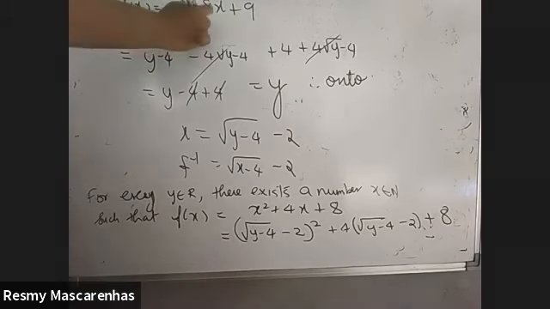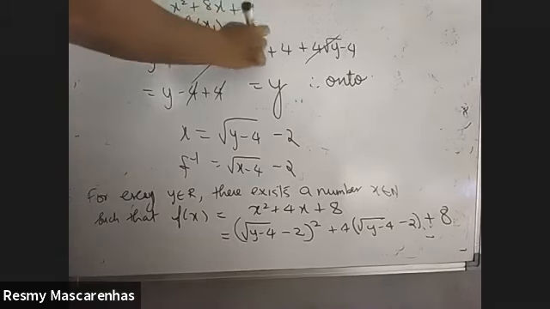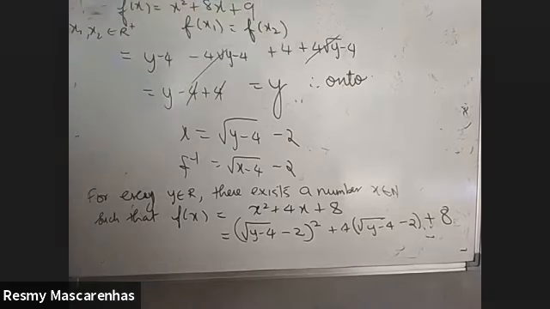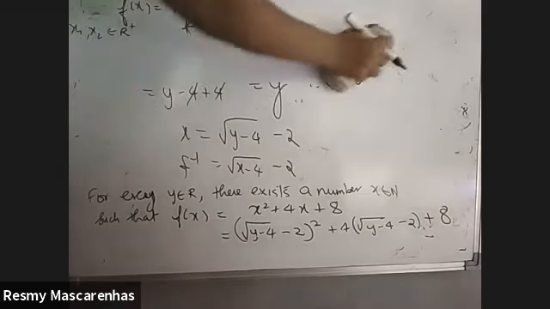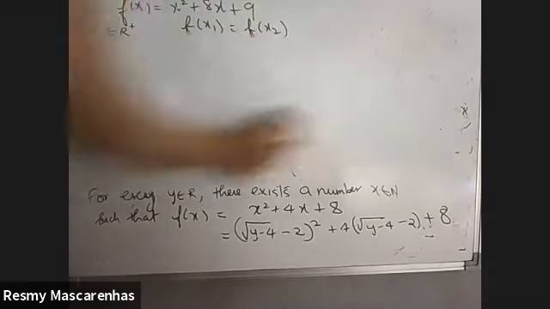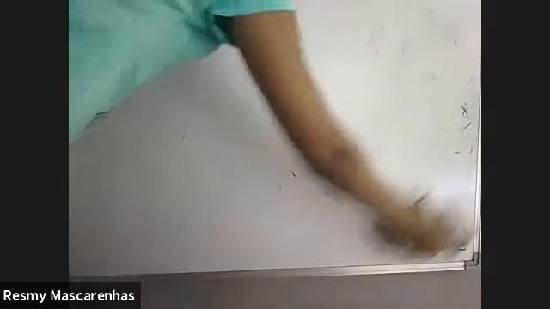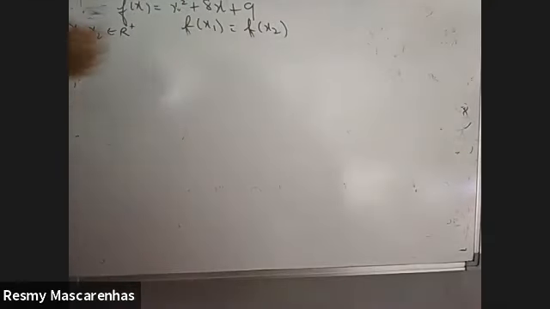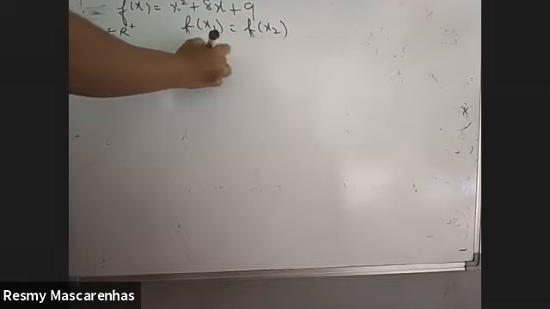Okay, so f of x1 will be equal to f of x2. Write both the sides, with this side x1, the other side x2. So this will be x1 square.